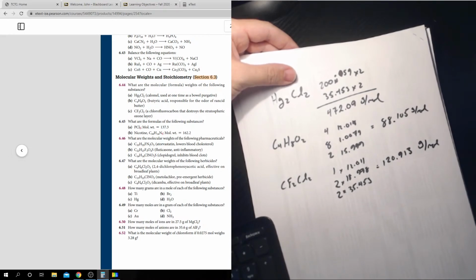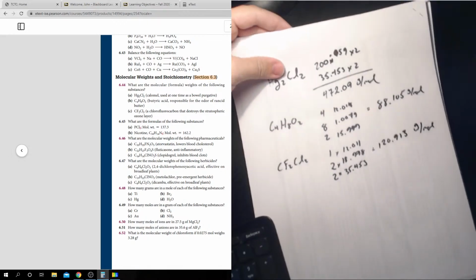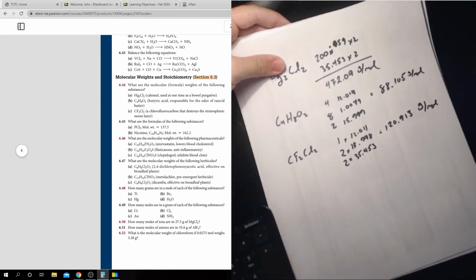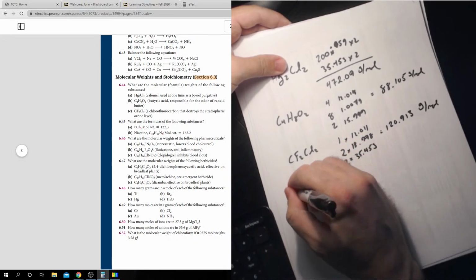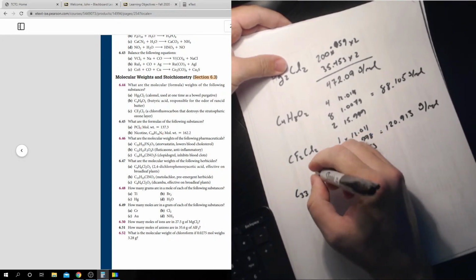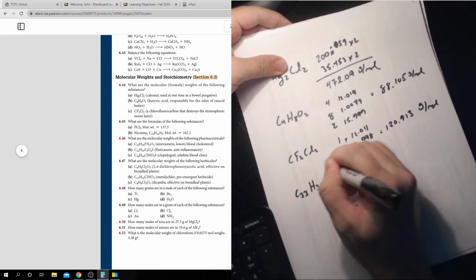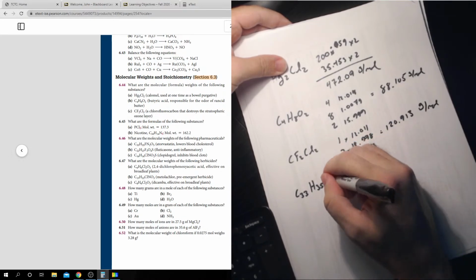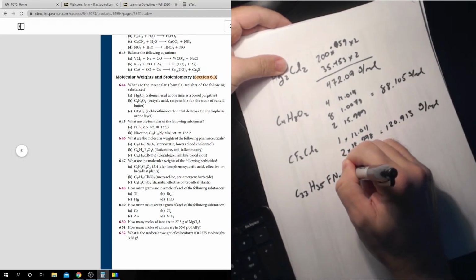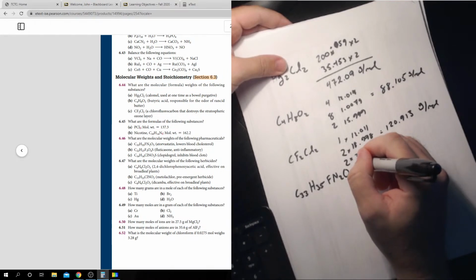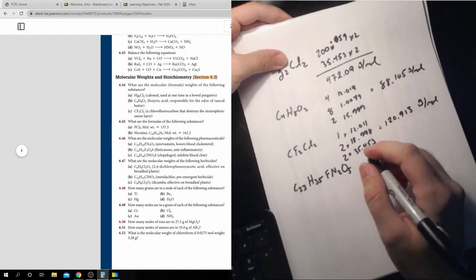What are the molecular weights of the following? All right. C33H35FN2O5. Atorvastatin. Okay, that's a blood lowering?